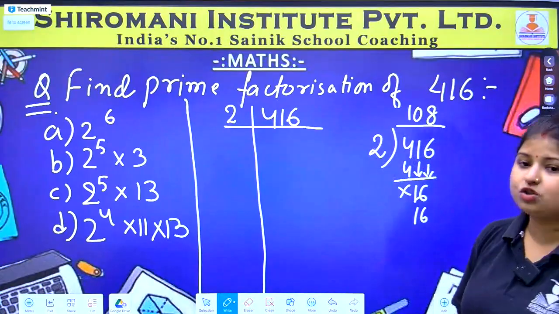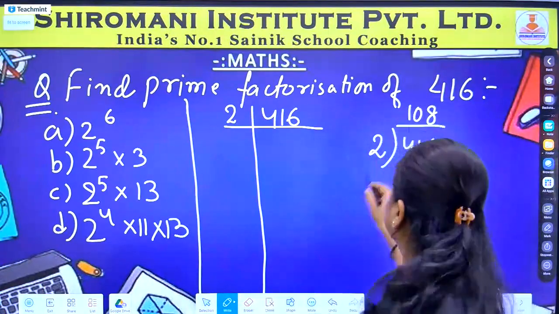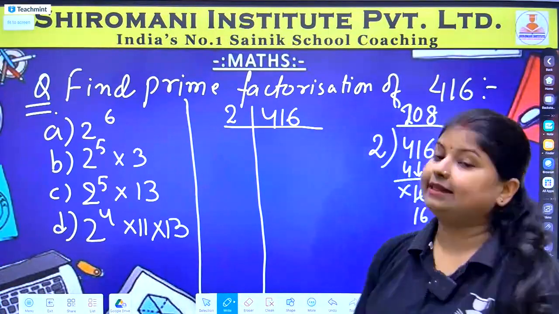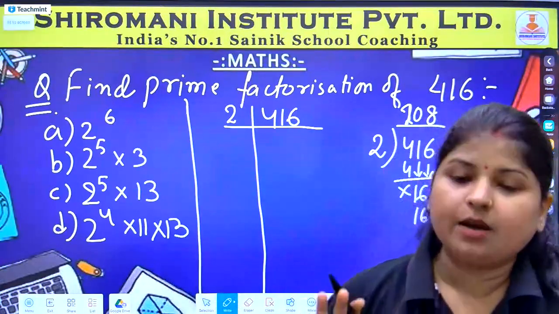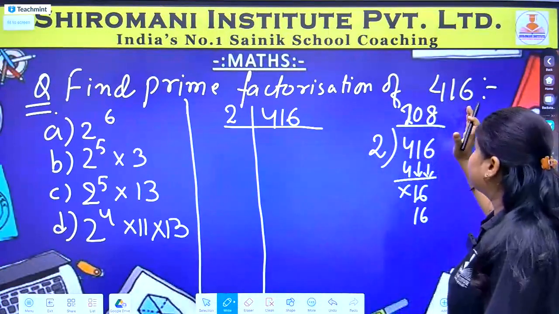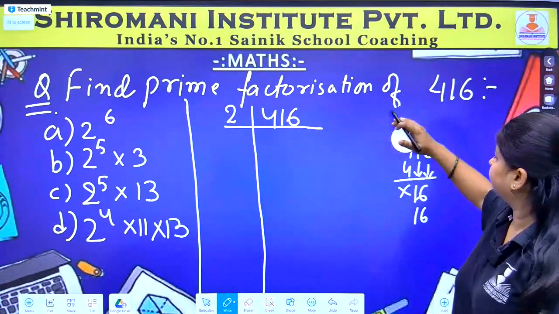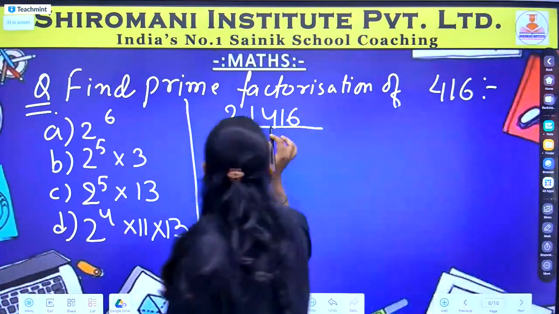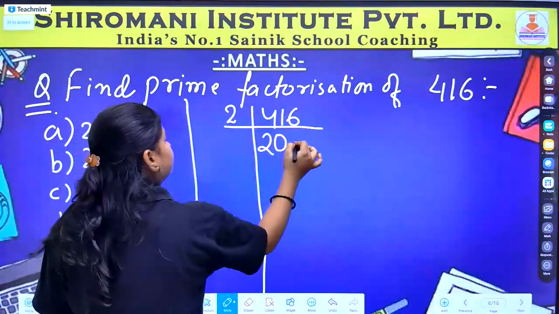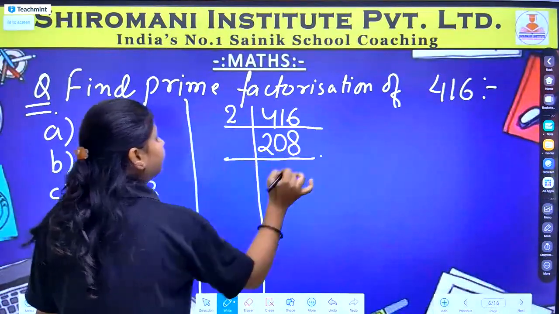Most of the students, what they do? They write 28. But the actual answer is 208. Always remember that.